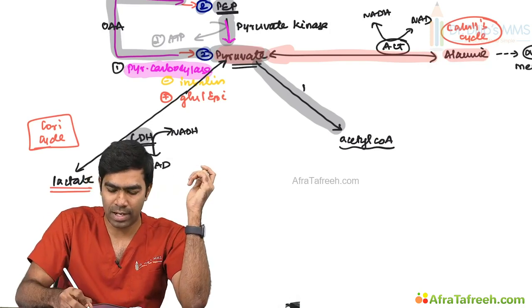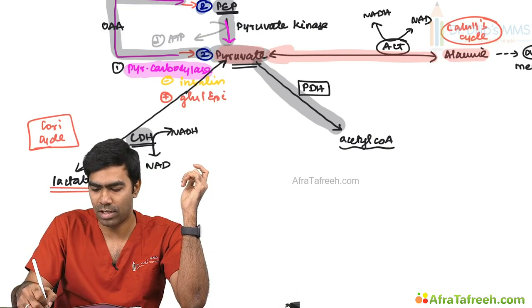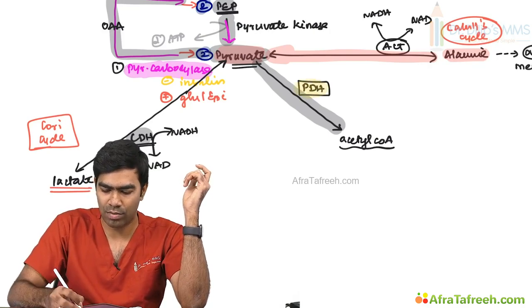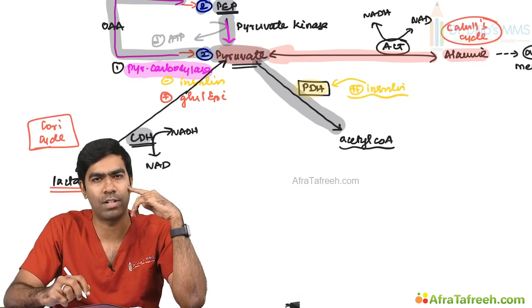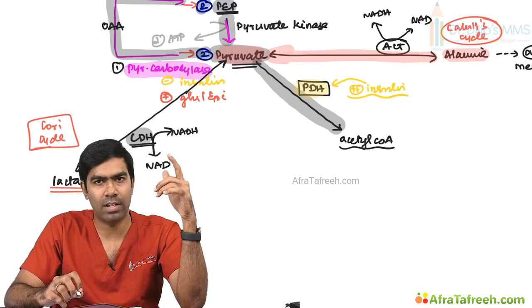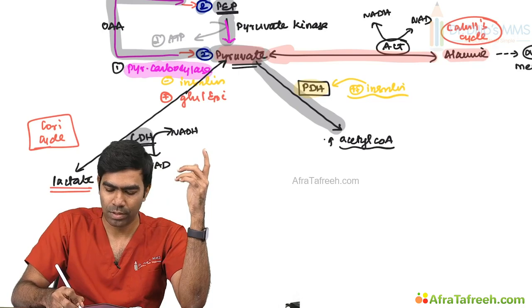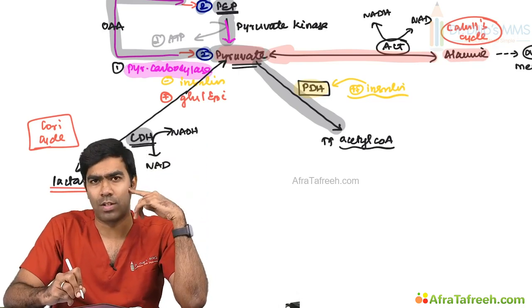It is catalyzed by an enzyme called pyruvate dehydrogenase, PDH, which is strongly under the action of insulin and can actually be activated by insulin. So pyruvate is going to produce more acetyl-CoA, isn't it? In the presence of insulin.